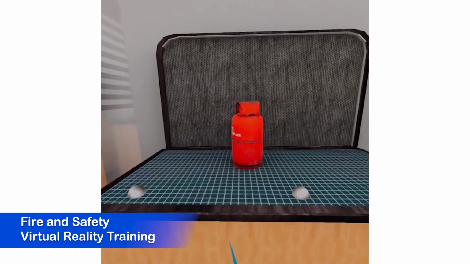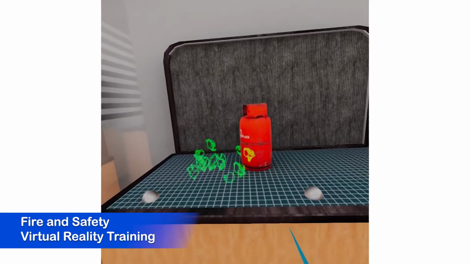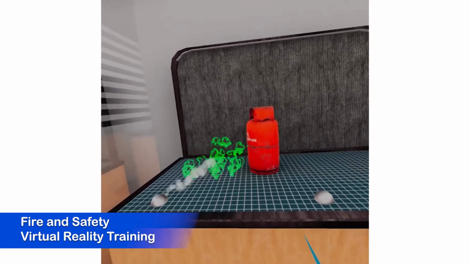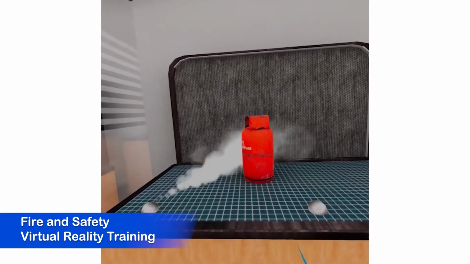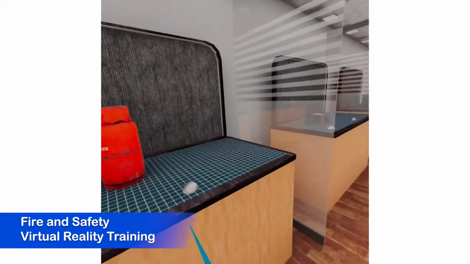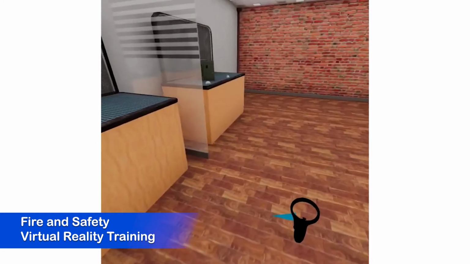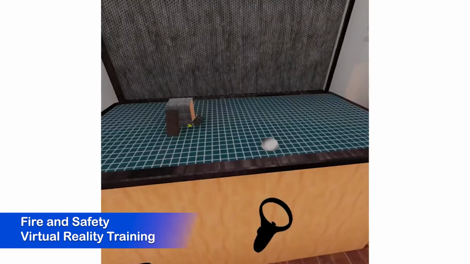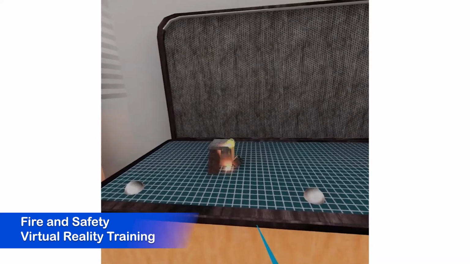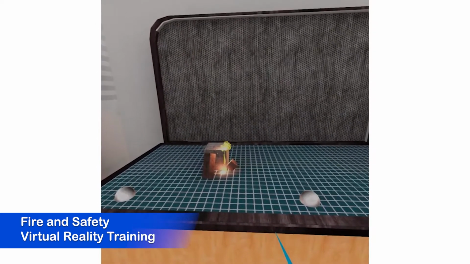Class C involves fire with gases such as methane, propane, or LPG. You can extinguish this via DCP, CO2, water. Class D involves fire with minerals such as aluminium, magnesium, copper.